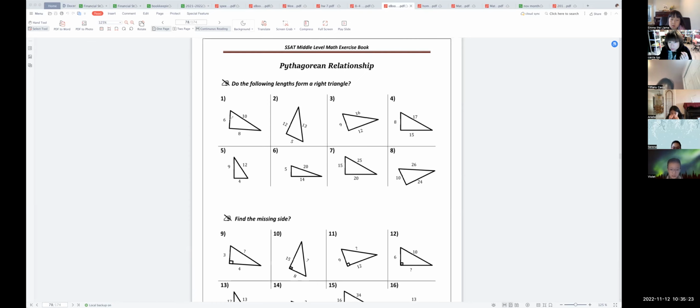If it is not a right triangle, you cannot use it. Right triangles are hiding in a lot of things. For instance, if you have a square, there are right triangles hiding there.